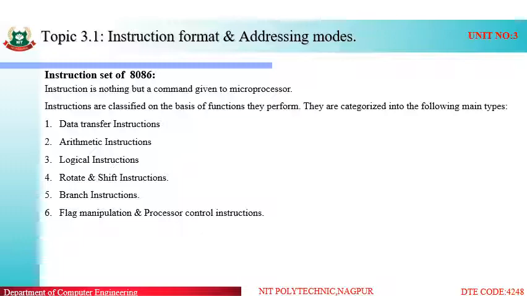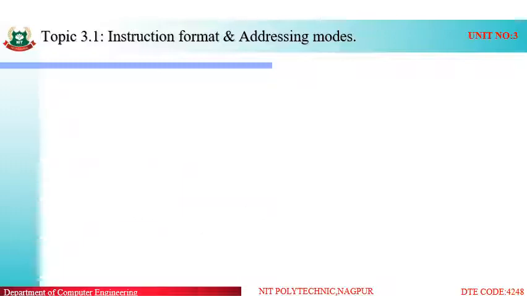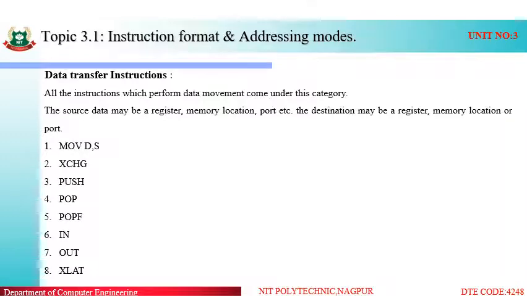Today we are going to study the data transfer instructions. So what are data transfer instructions? Data transfer instructions are used to transfer the data from source to destination. The source data may be a register, memory location, port, etc. The destination may be a register, memory location or port.